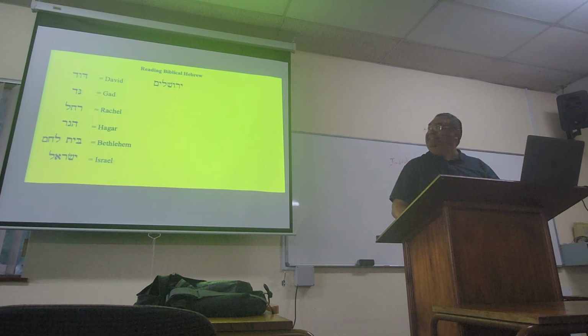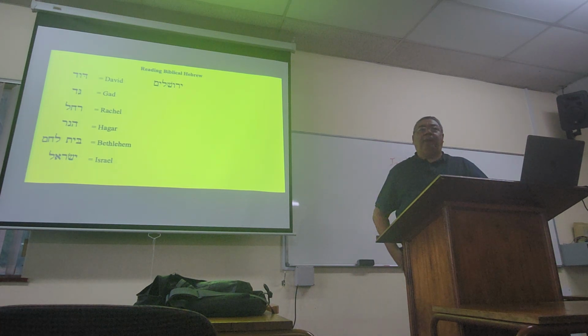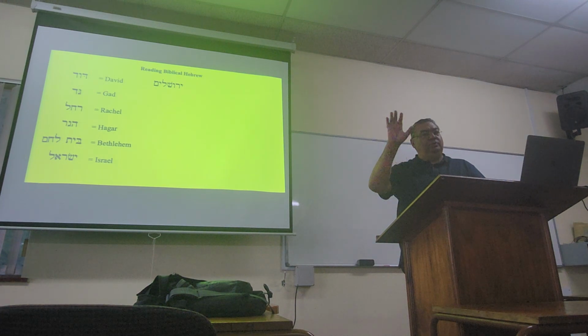It gets more complicated. That one. That is Jerusalem in Hebrew. Yod, y sound, followed by a resh, followed by a vav. Now that vav is actually going to become a vowel in Hebrew. We'll talk about that later. Then you have a shin, not a sin sound.